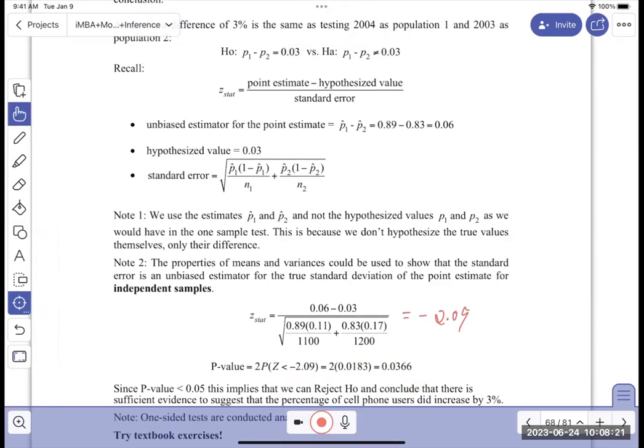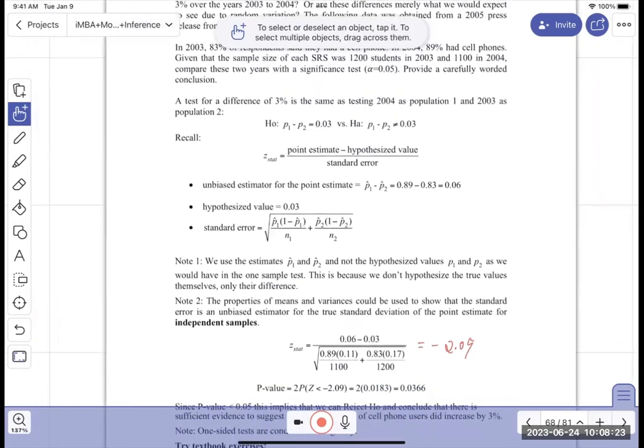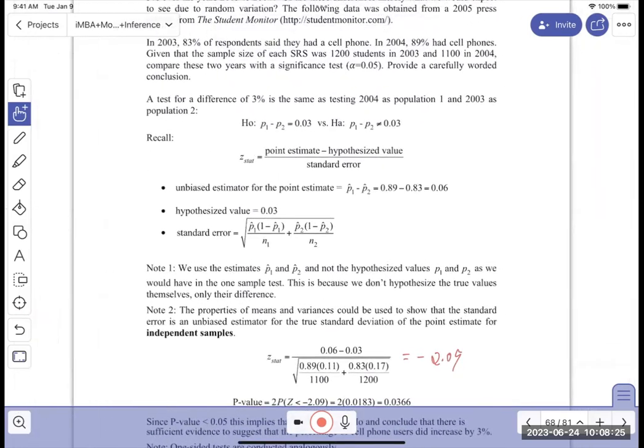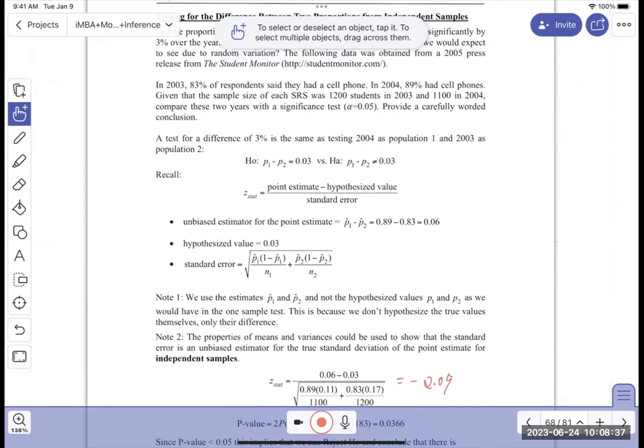Sorry, what was it? It was a 3% difference.